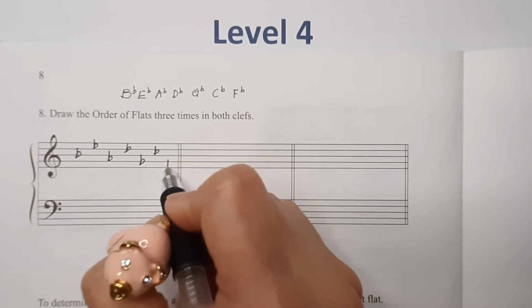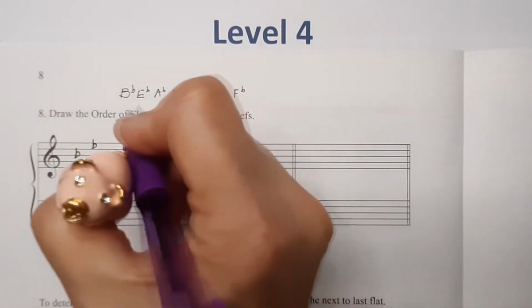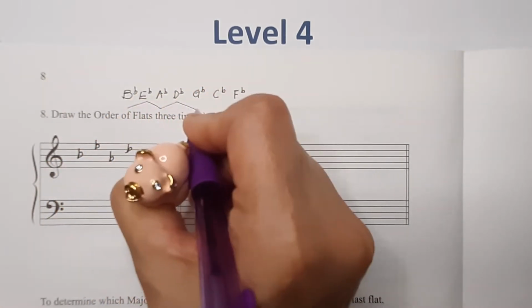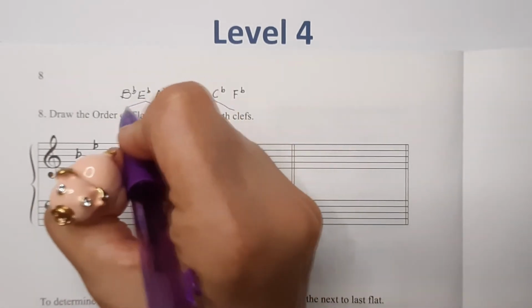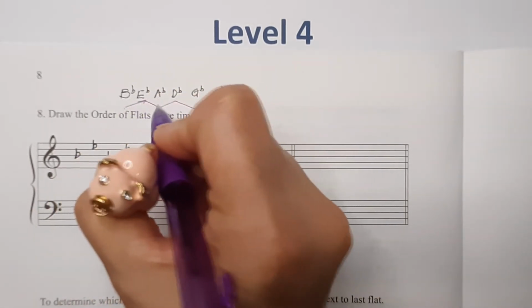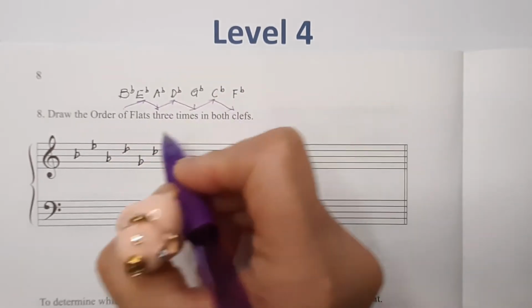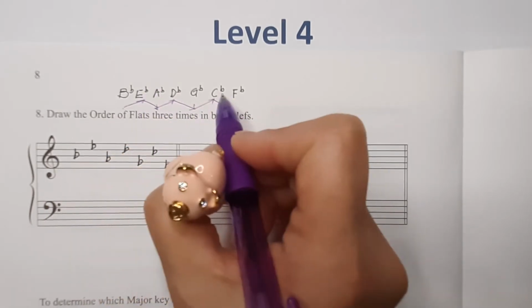And F, down. So you go like this: down, up, down, up, down, up, down. B, E, A, D, G, C, F.